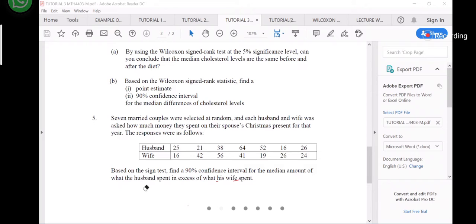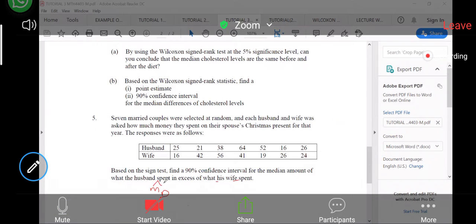Then get the median. The point estimator, MD head, is equal to 2.